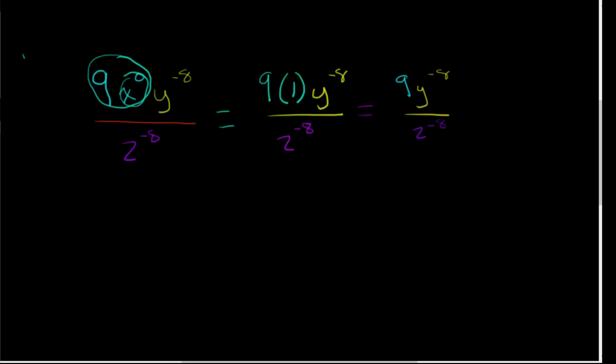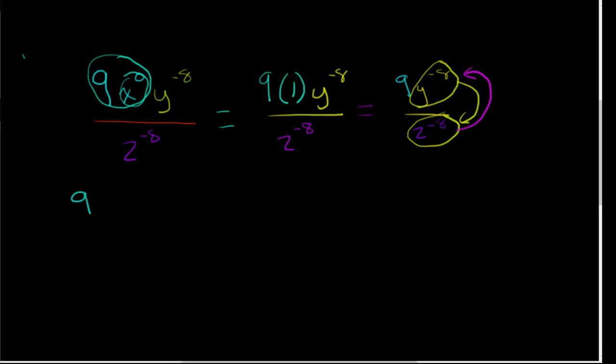Now if you recall from one of our first days in summer school, anytime you have a negative exponent, you can take it and put it on the opposite side of the fraction. So notice that both y and z have a negative exponent. We're going to take the y and flip it to the denominator to make it a positive exponent, and we'll take the z and flip it to the numerator to make it a positive exponent.